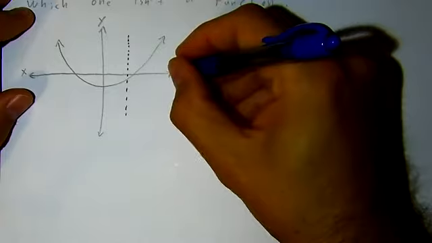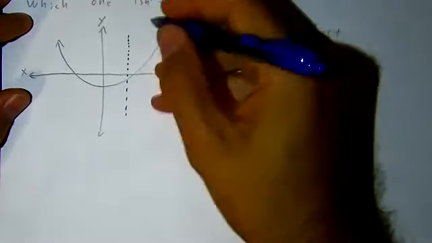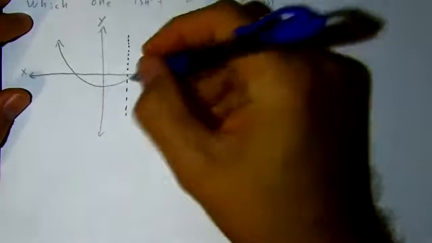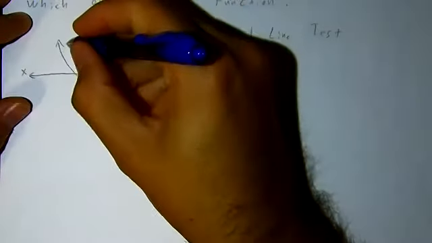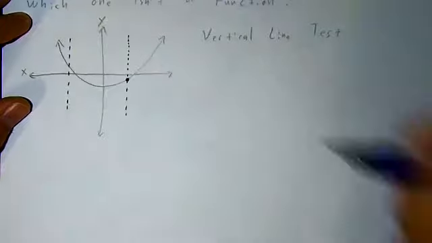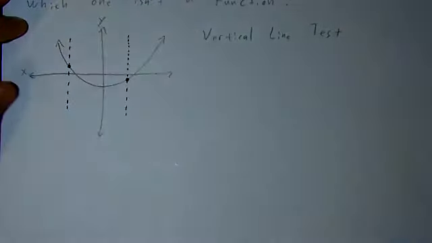Now first off, you're ignoring the X and the Y line. Those don't matter, so don't count those. So how many times did I cross this curve right here? I crossed it 1 time. Let's say I drew that same vertical line over here. How many times did I cross over here? Once. No matter where I draw a vertical line on this curve, I'm only going to cross it 1 time.